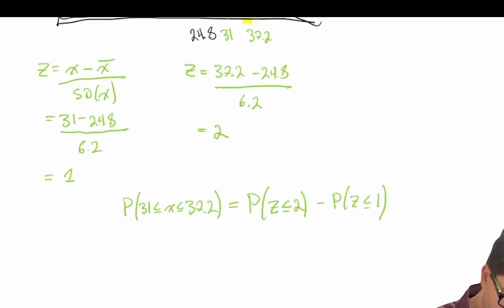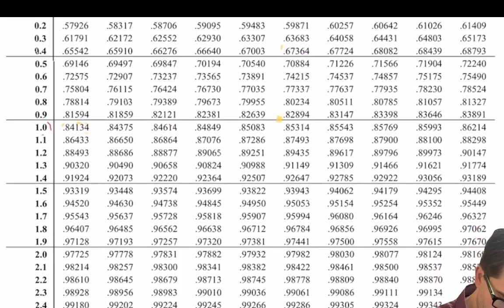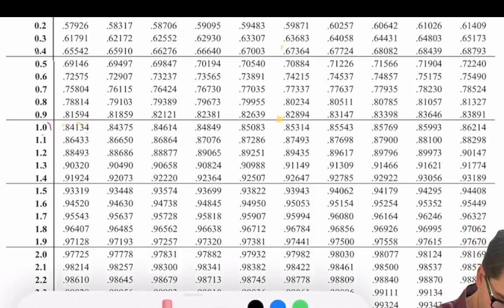So we can go to our z table. So the probability that z is less than or equal to a value of 2. So our value here for z is equal to 2 is 0.97725.